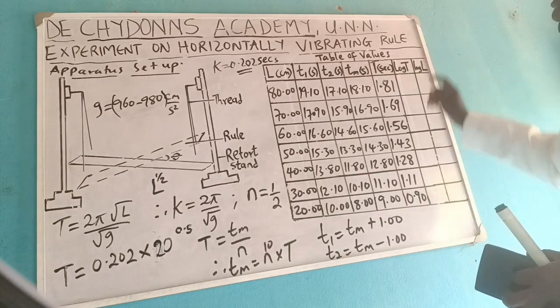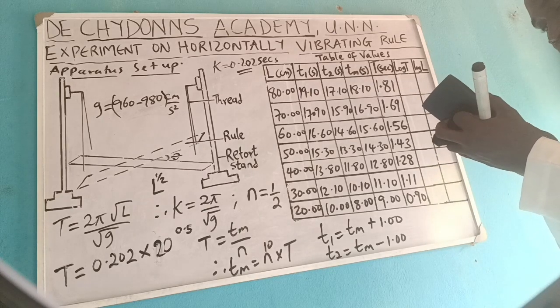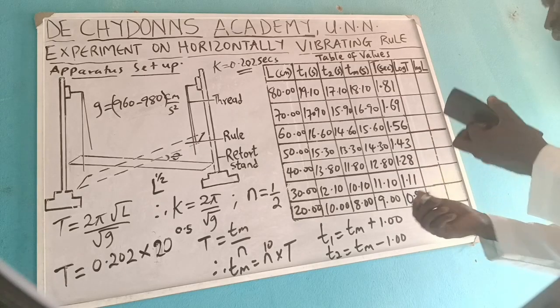How do we get our log T table? Get the log of 1.81. Log 1.81, 0.258.